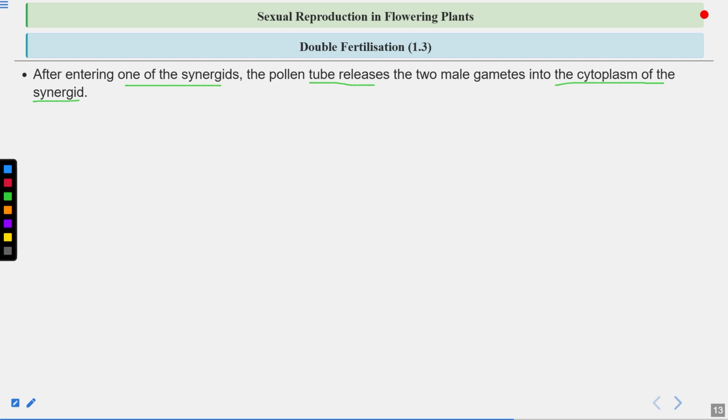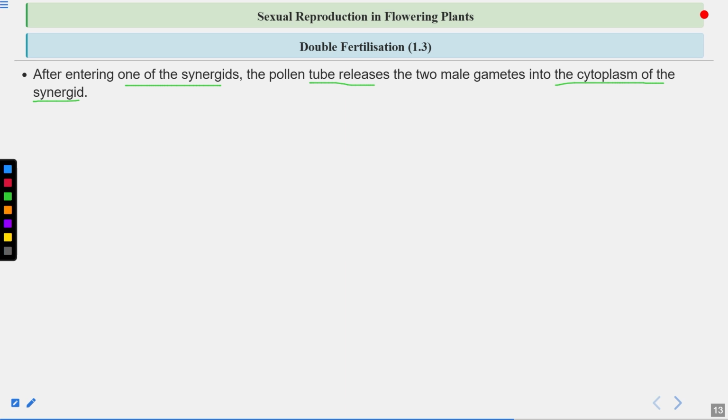The integuments which cover the embryo sac do not join each other at one point, and there is a pore-like structure. That pore-like structure is called the micropylar pore, and that end is called the micropylar end, where the egg apparatus is present.